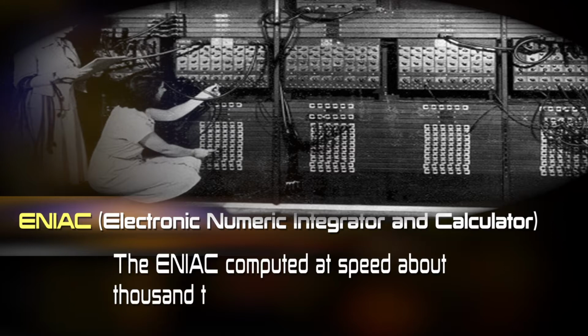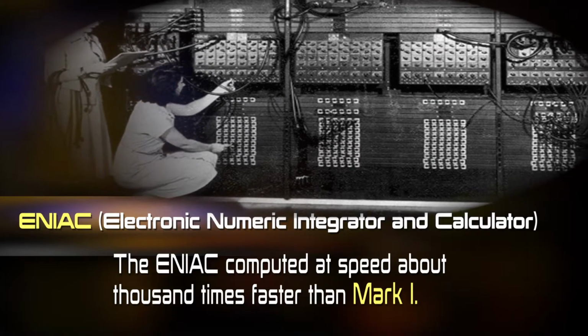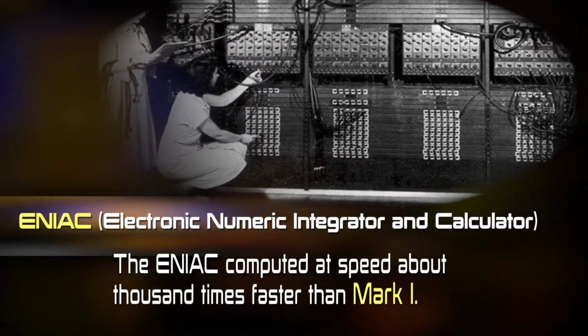The ENIAC computed at a speed about 1000 times faster than Mark I. However, it could store and manipulate only a limited amount of data. Program modifications and detecting errors were also difficult.